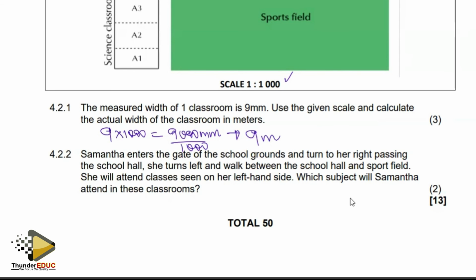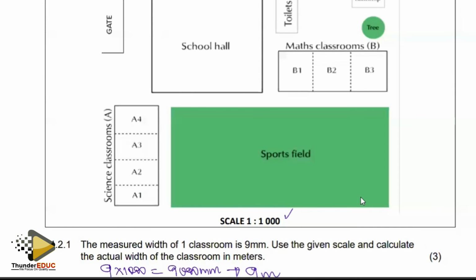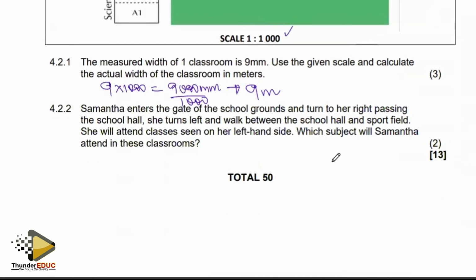Samantha enters the gate of the school and turns to her right. Let me show you that. Enters the gate. If you enter like this, that means this is her left, this is her right. Now she turns right. Still, this is her right, this is her left. She comes there, and they say she turns right, passing the school hall.